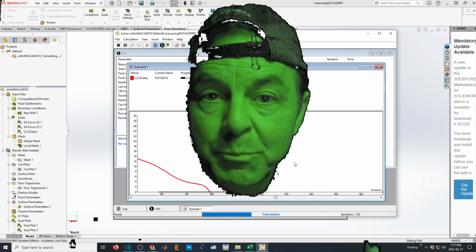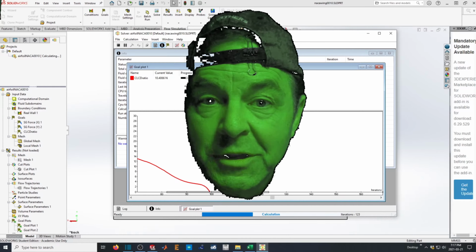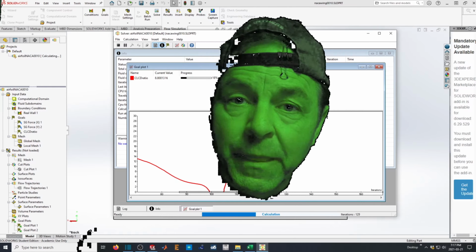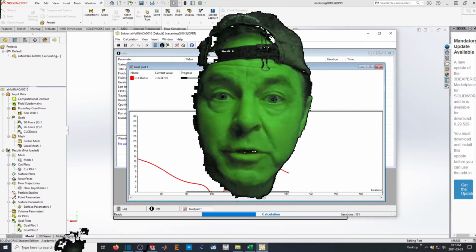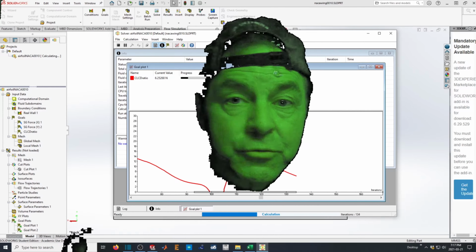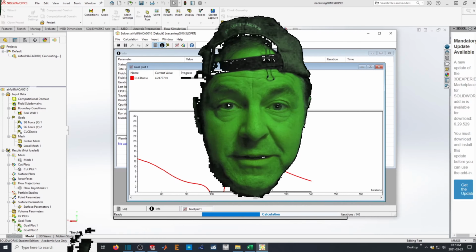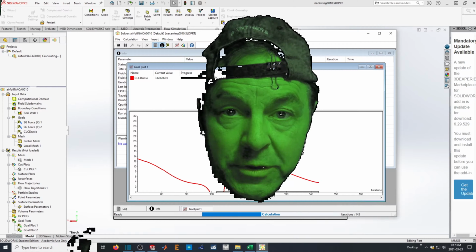And because a cylinder is actually round and well understood, you can try and match it to real data that you'll find in any fluids book.